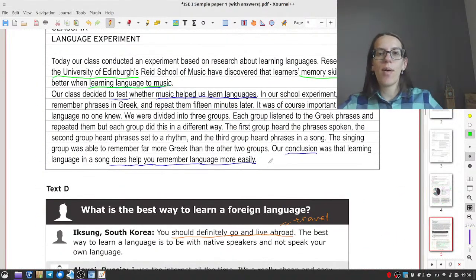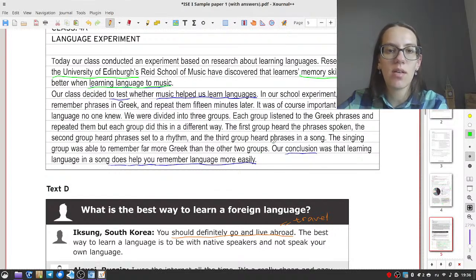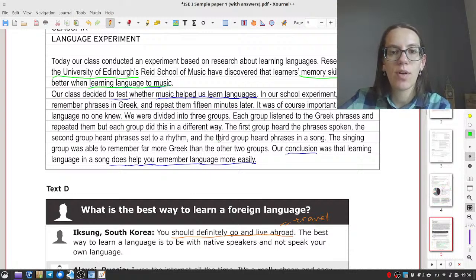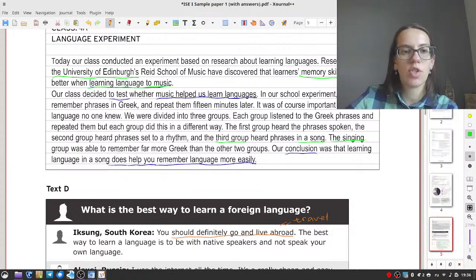So if you remember, they had an experiment here trying to learn Greek in different ways, and there were 3 different groups. The third group heard phrases in a song, and the singing group was able to remember far more Greek than the other 2 groups.